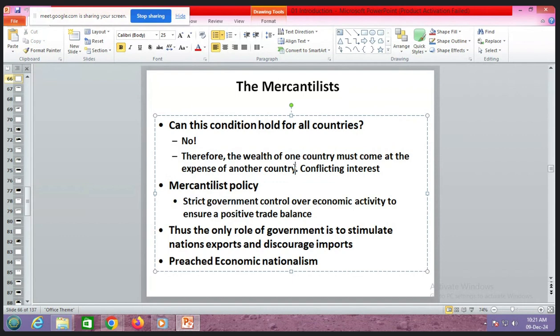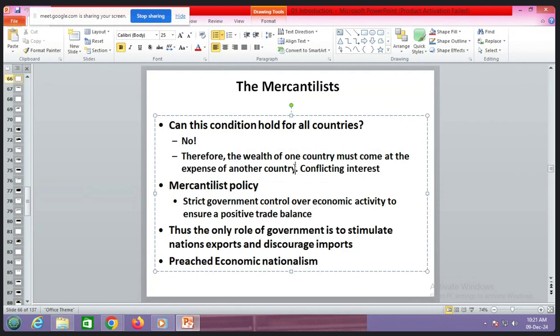What do we mean by this? If I have to export more, there has to be another country which is buying those goods from me. That means its imports will be more. If I am importing less from that country, that means that other country's exports are less. So, can this condition hold for all the countries?